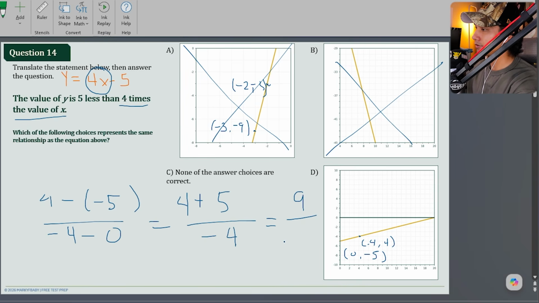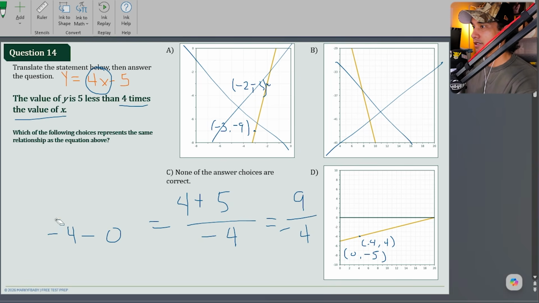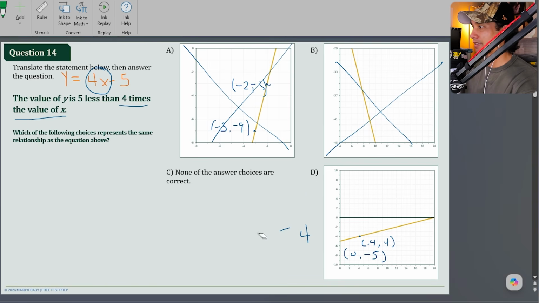Did I do that right? I feel like I'm doing this wrong because I got a negative number and this is not a negative slope. I think I did this wrong. Oh, I know why I did this wrong. I switched the signs over here. Oopsie daisies. Sorry about that.